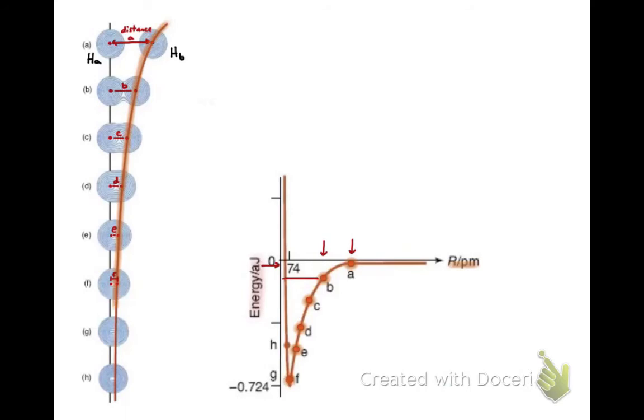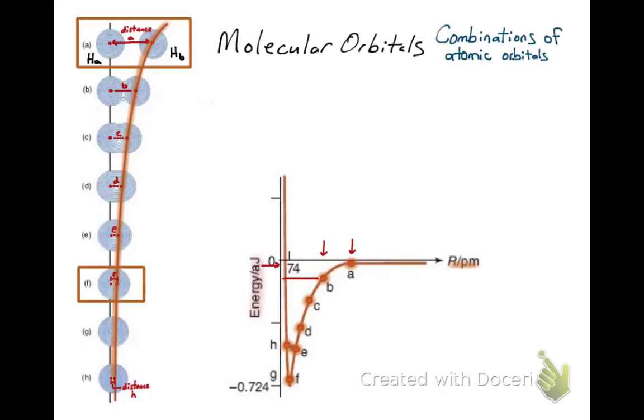If we place the nuclei even closer together, shown here, then the energy goes back up due to repulsive forces between the positively charged nuclei being too close together. So you can see here we started with two separate H atoms and their atomic orbitals, and eventually combined them to produce the ground state molecular orbital, which is shown right here at the lowest energy. And so molecular orbitals can be thought of as combinations of atomic orbitals.